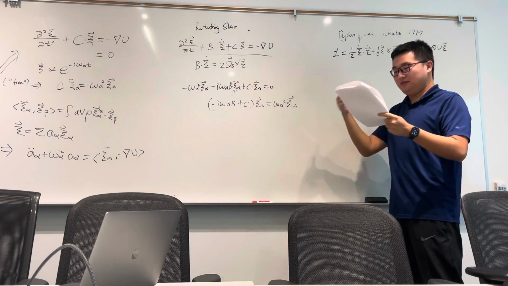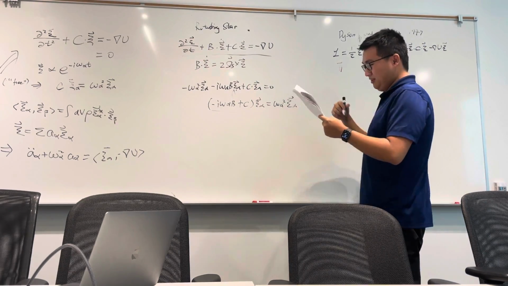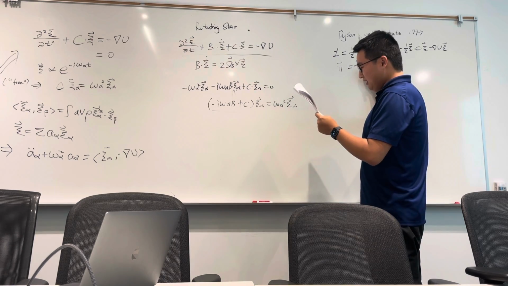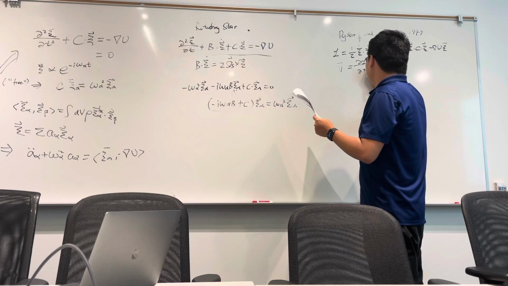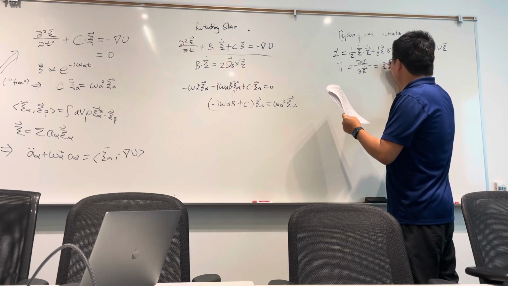Then you just use your techniques in classical mechanics to calculate the canonical momentum, which is the derivative of the Lagrangian with respect to c dot, and that gives you this.